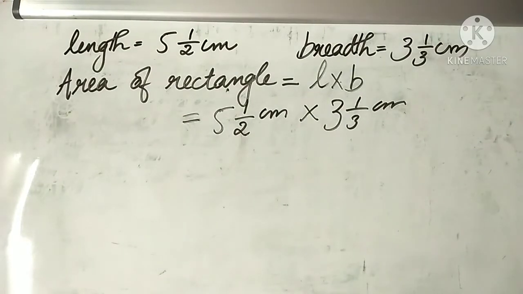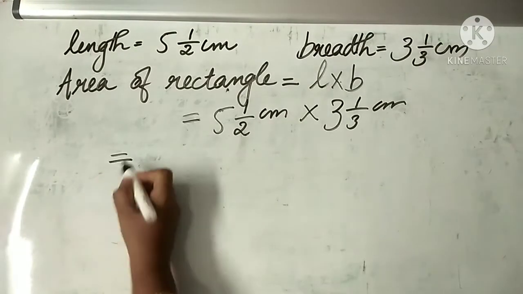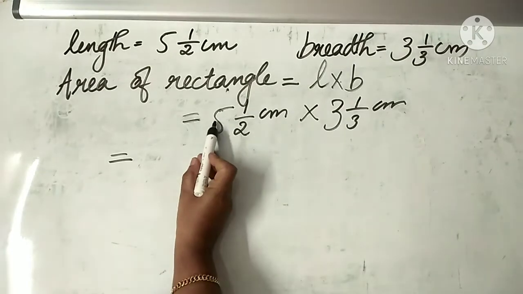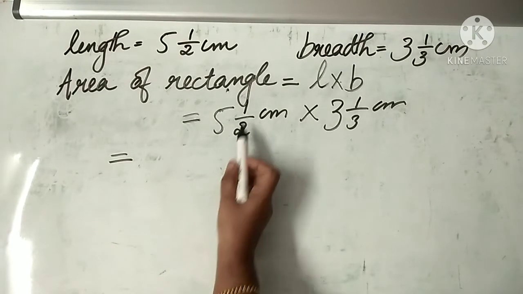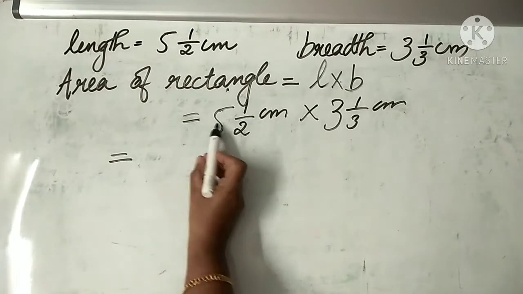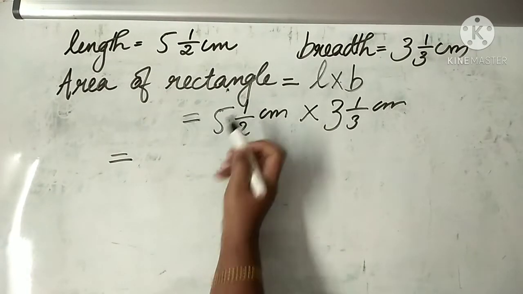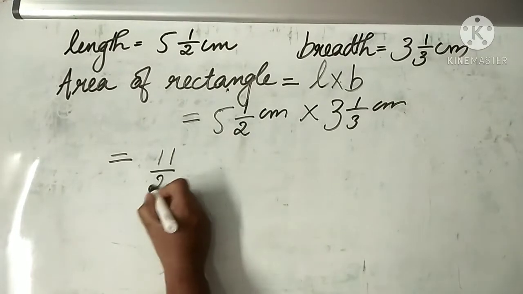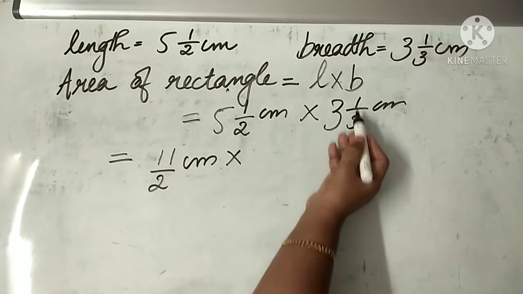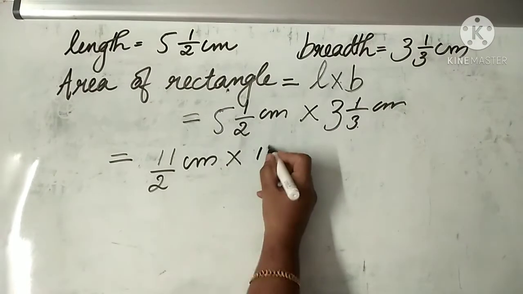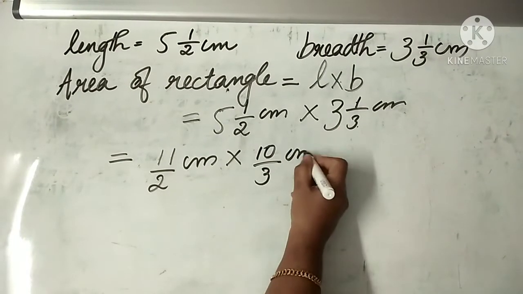Now next step is we have to convert this mixed fraction, both are mixed fractions, into improper fractions. We know how we will convert: we will multiply the whole number with the denominator, then we add that to the numerator. 5 2s are 10, 10 plus 1 is 11, 11 by 2 centimeter into 3 3s are 9, 9 plus 1 is 10, 10 by 3 centimeter.